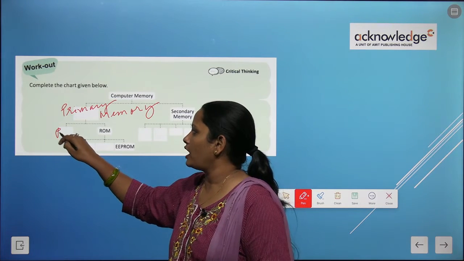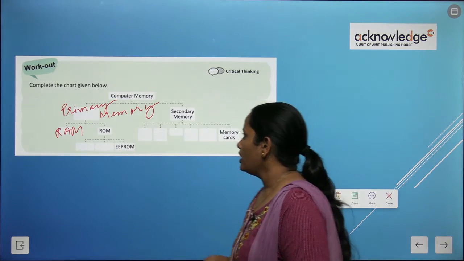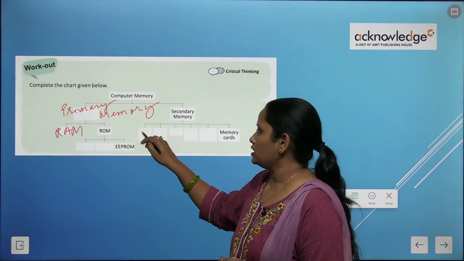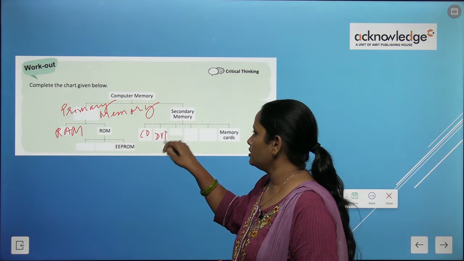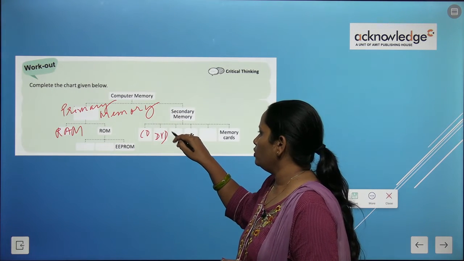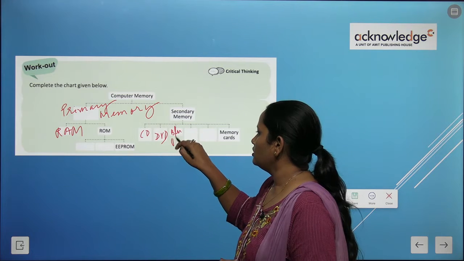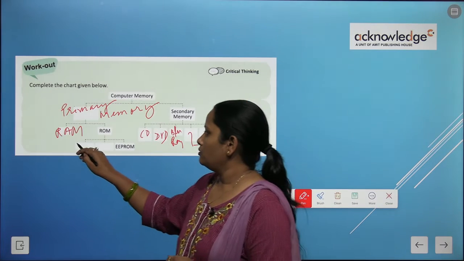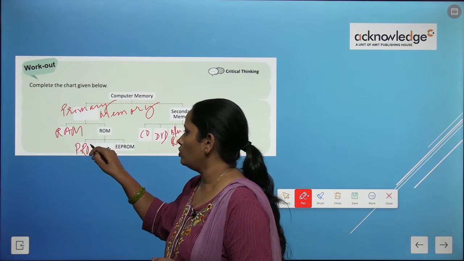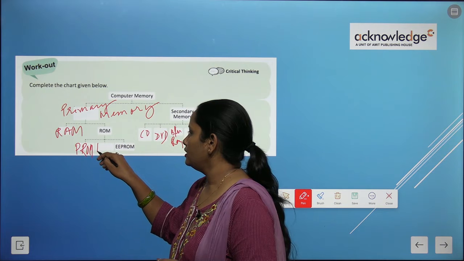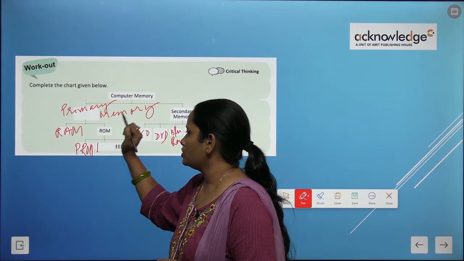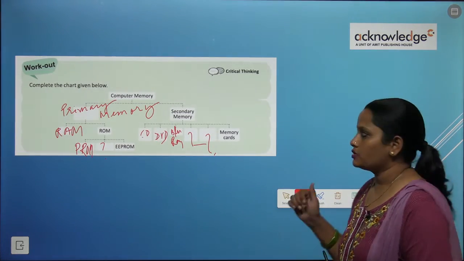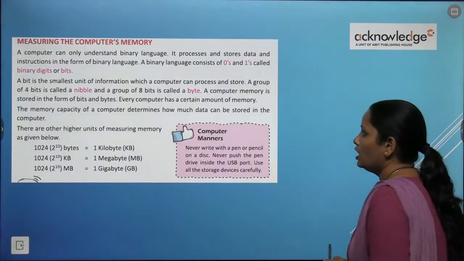Primary memory is divided into RAM and ROM, and secondary memory is divided into many: CD, DVD and Blu-ray disc, and the rest too you have to write by yourself. Here P, ROM, and next you have to do this one by yourself. So this was a workout session, children.